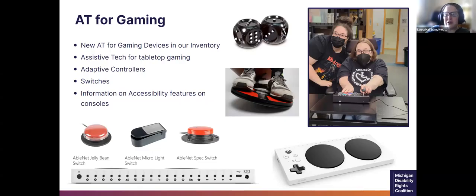It might be low vision, it might be neurodiversity or some other reason. But we also have things that help you shake the dice, things that help you shuffle cards, card holders. We have adapted Dungeons and Dragons player sheets, all sorts of stuff for tabletop gaming, which I think is really cool.